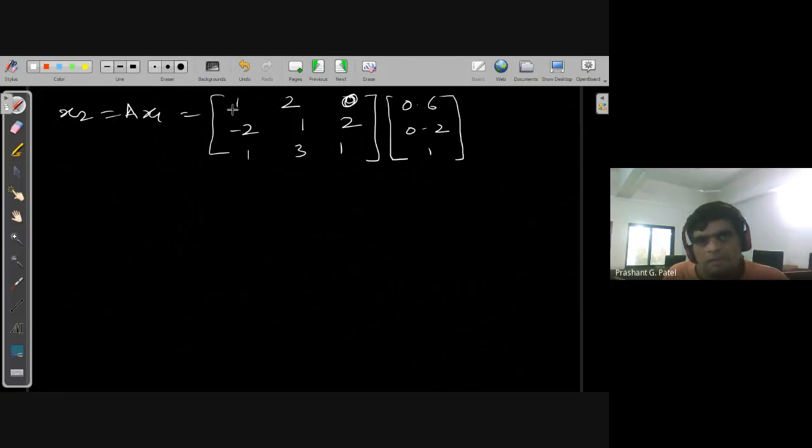If you multiply this, then you just see what value we get. It is 0.60 plus 0.4, which gives me 1. Then minus 1.2 plus 0.2 plus 2, so it is also 1.